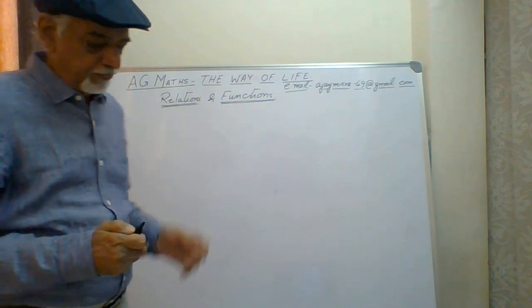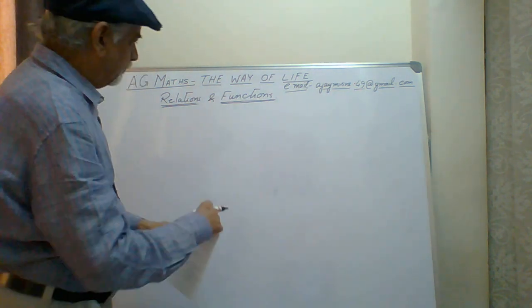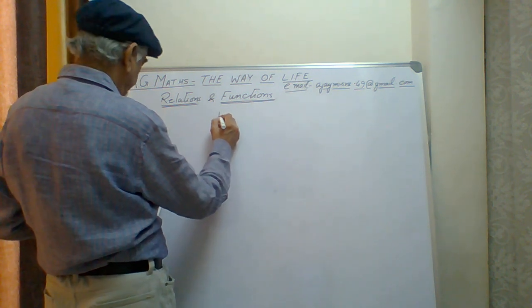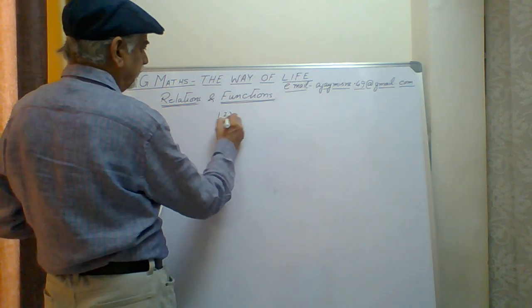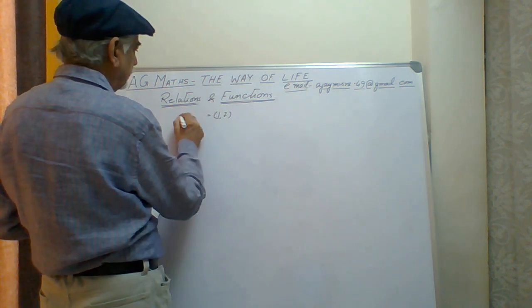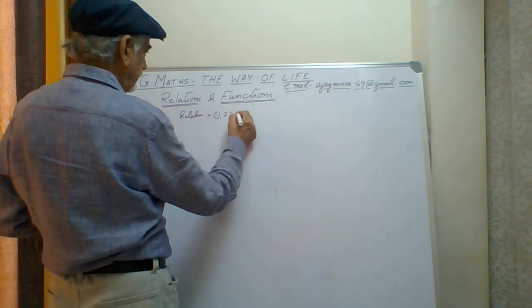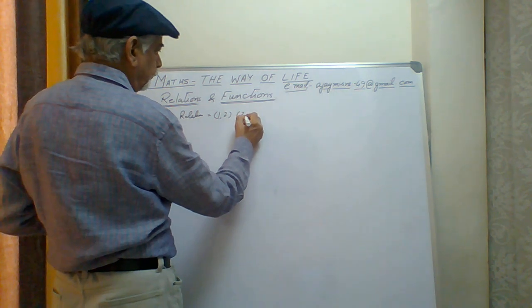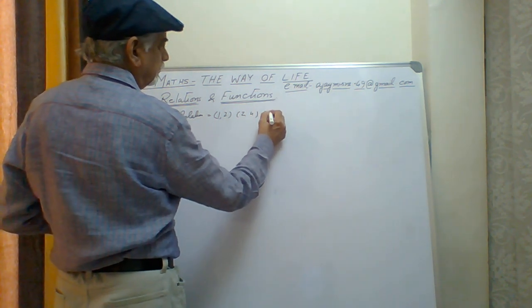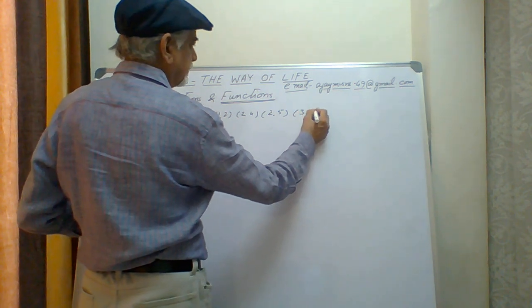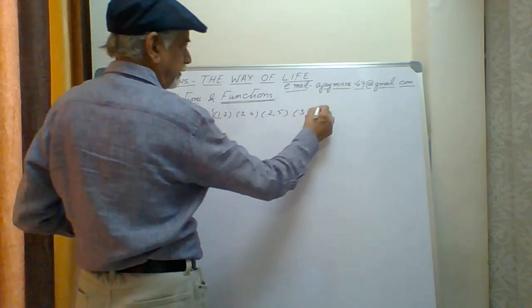Like if I say some numbers, it's a Cartesian pair of some numbers: 1, 2, then I write 2, 4, 2, 5, 3, 6. It's a set.